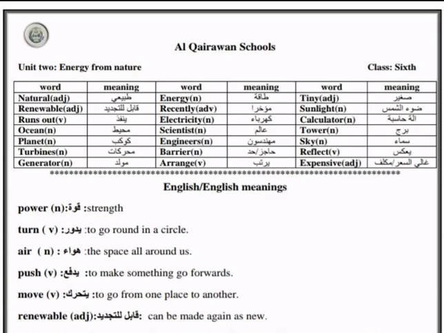Number 4, push. In Arabic it means يدفع. In English to make something go forwards. Move. In Arabic it means يتحرك. In English to go from one place to another. And finally, renewable. In Arabic it means قابل للتجديد. In English can be made again as new.